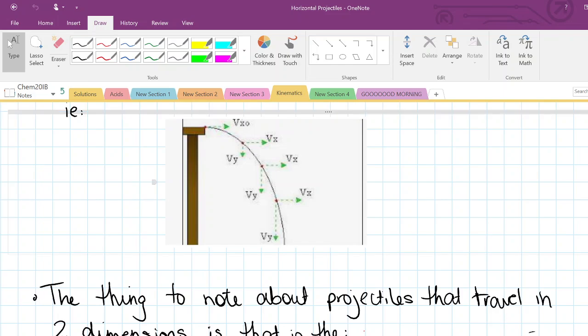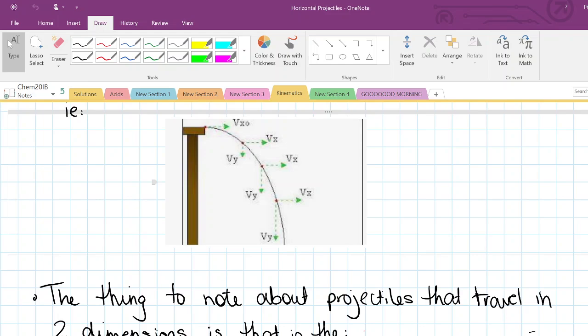What you'll notice in this diagram is that as this object is falling toward the earth and speeding up, its y component of velocity at the beginning is 0, because the object's not falling downward just yet. It's rolling off the table in this horizontal direction. So at this starting point, the y component of the projectile is 0.